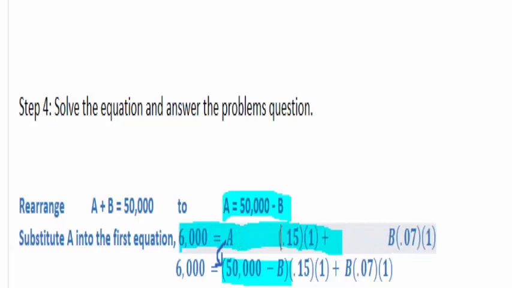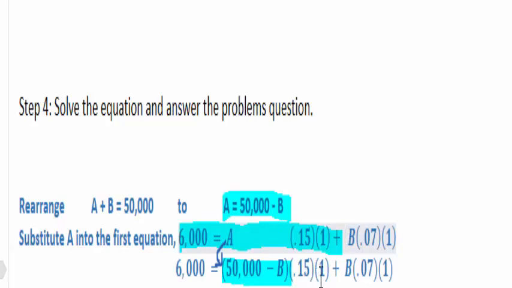So everything in the equation is the same, except for A has been replaced with 50,000 minus B.